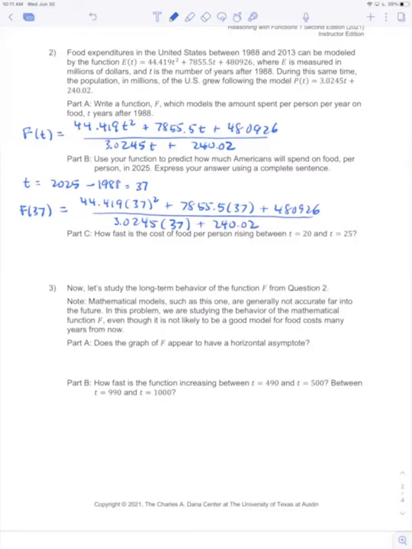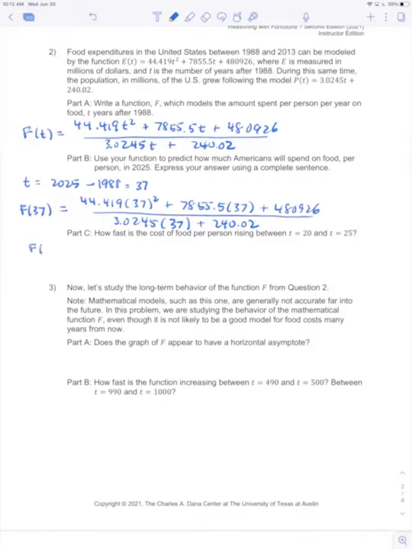Part C, how fast is the cost of food per person rising between t equals 20 and t equals 25? So what we could do, let's do this. We're going to write f of 25 minus f of 20 as the numerator, and then we'll have 25 minus 20 in the denominator.